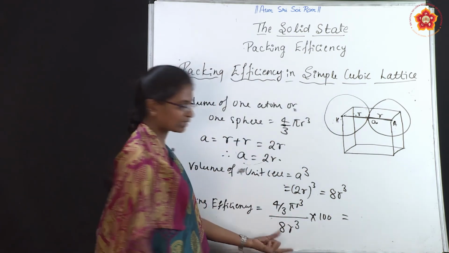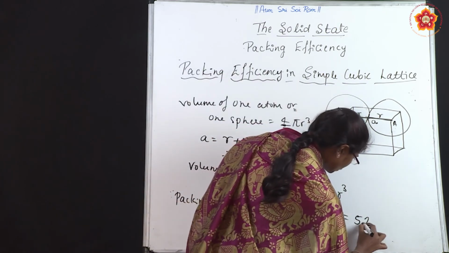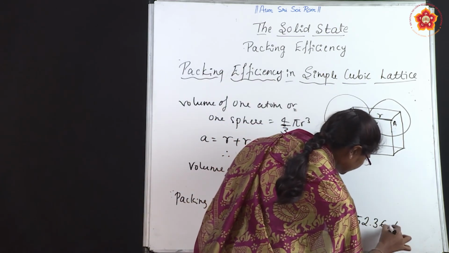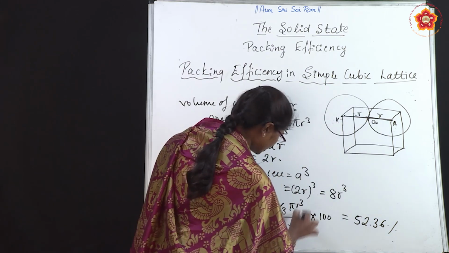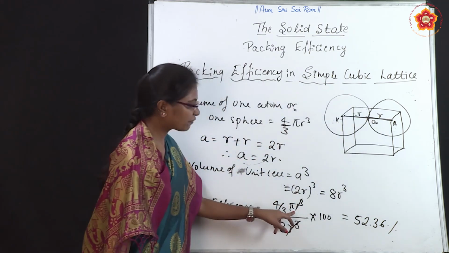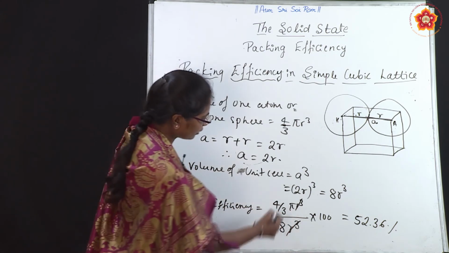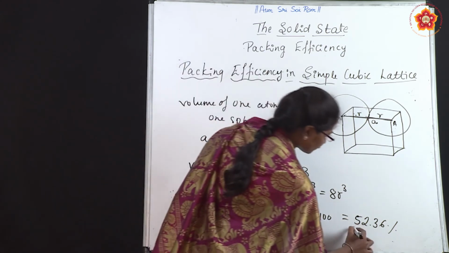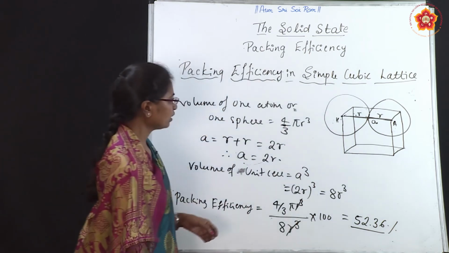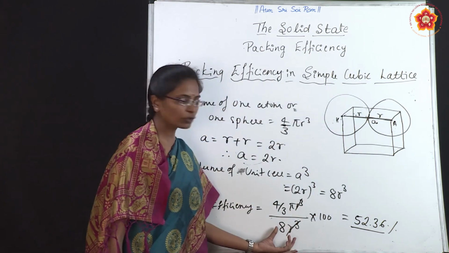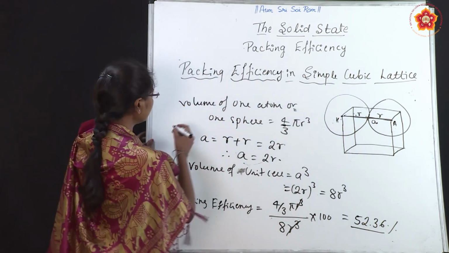So we will get 52.36%. The r cube gets cancelled, and for pi, 22 divided by 7 gives 3.142, and after the calculation you will get 52.36.